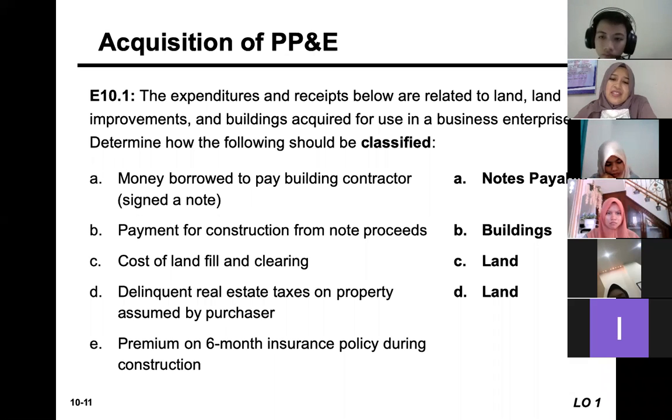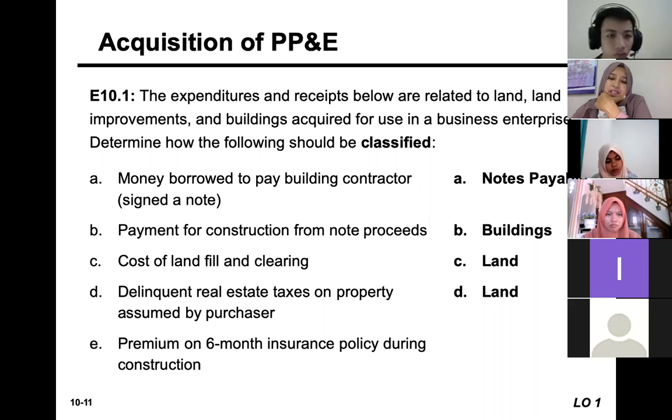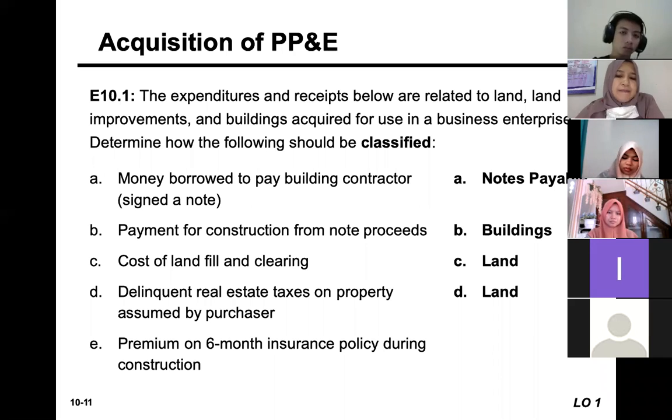Overdue taxes on property assumed by the purchaser. It was not paid by the previous owner, so the purchaser needs to pay that.